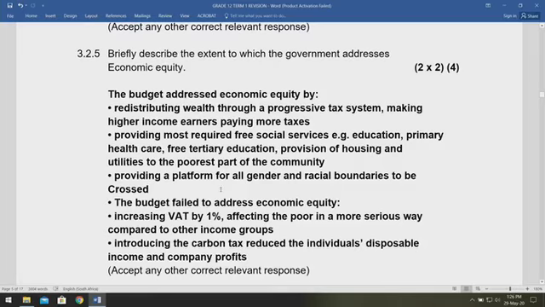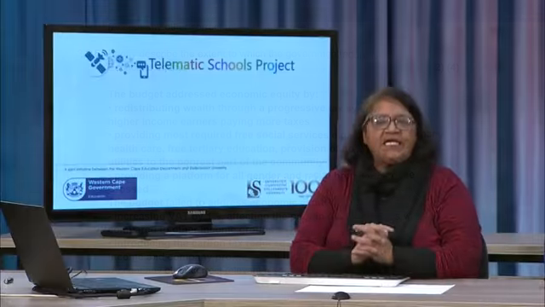Okay. So you see here, there they talk about how the budget has addressed the equity, and here they speak about how they fail to address economic equity. So bearing in mind, government had decided to increase VAT.